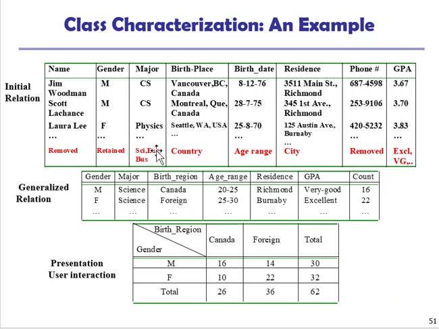If you have civil engineering and electronic engineering, those majors are going to be generalized into engineering. Or if you have business management and MBAs, they are going to be generalized into the business category. So for every column, the system is going to check the cardinality and check to see if there is a generalization rule. If there is, the system is going to apply generalization, or if the cardinality is just too great, the system is just going to remove them.